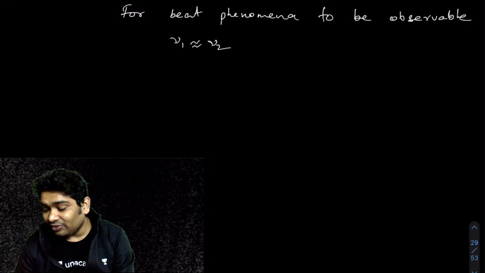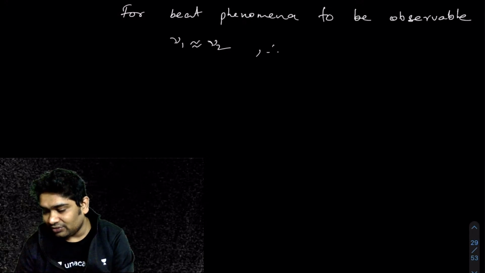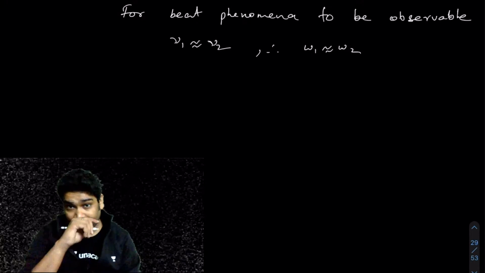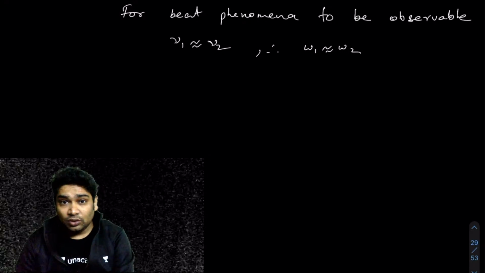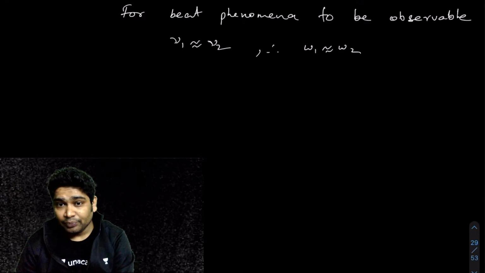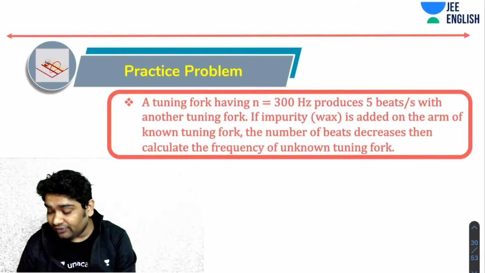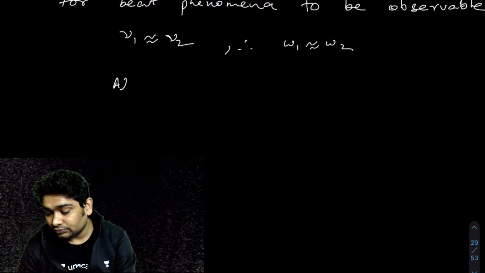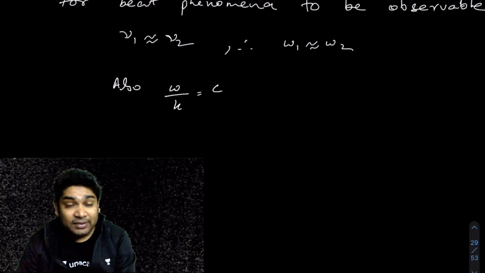Therefore, what you realize is omega 1 would be almost equal to omega 2, because you know that omega is nothing but 2 pi nu 1 and 2 pi nu 2. Now, you also know omega by k equals c, c being the speed of sound.